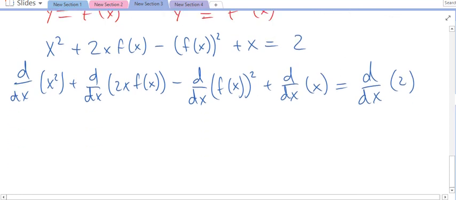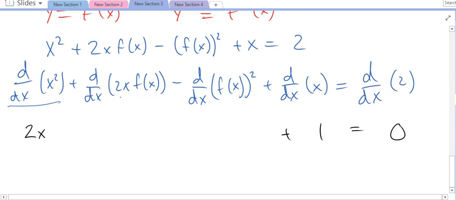So some of these are straightforward things we've done before. Derivative of x squared is just 2x. The derivative of x is just 1. And on the right-hand side, we get 0. So the ones that we have to think about are the ones that have the f of x in them.